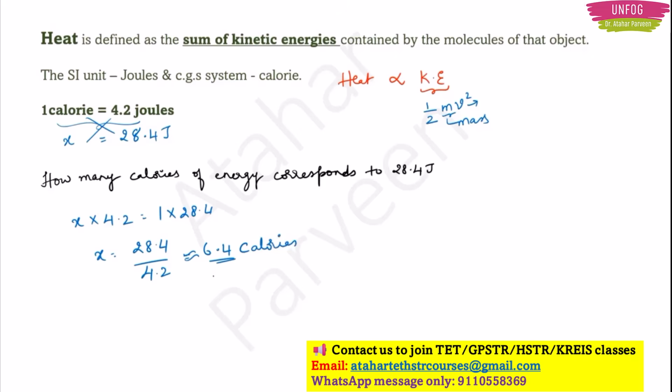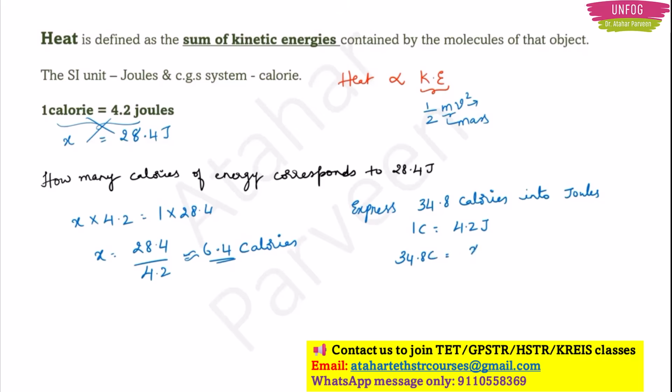Or in another way they can ask you like this: Express 34.8 calories into joules. In this case, what do you do? You know that 1 calorie is equal to 4.2 joules, right? Now they have given you 34.8 calories.